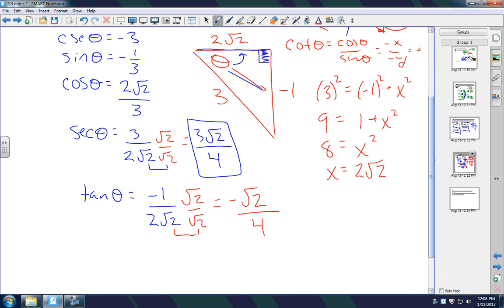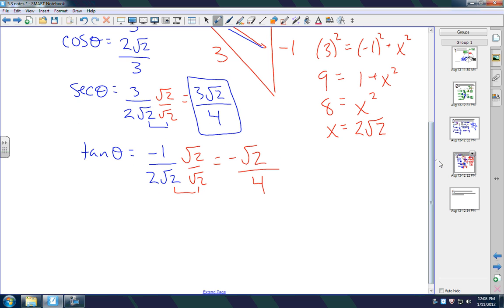Once you got the tangent, all you got to do is flip it to get the cotangent. So now I'm actually going to go back to my original one here. I could take this guy here, but I'd have to rationalize it. So I'm going to go back to this little original one and just flip that guy.